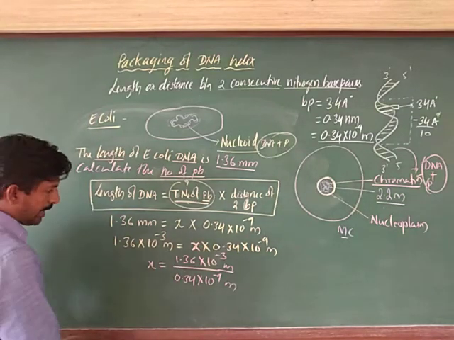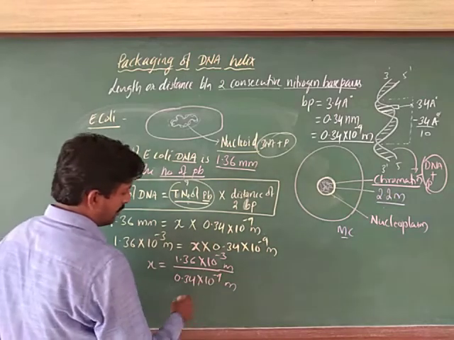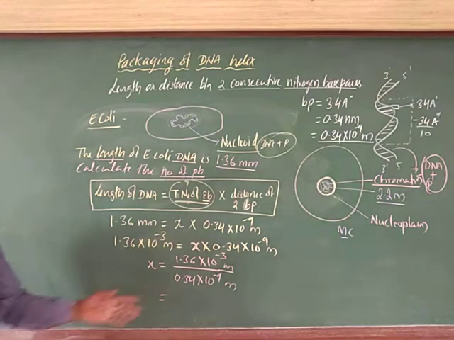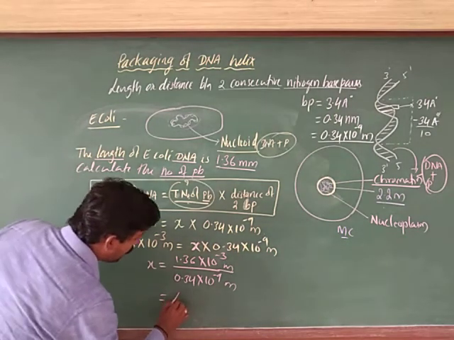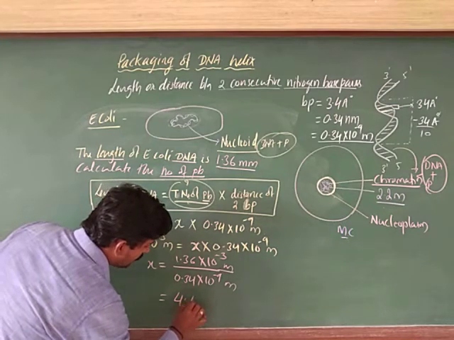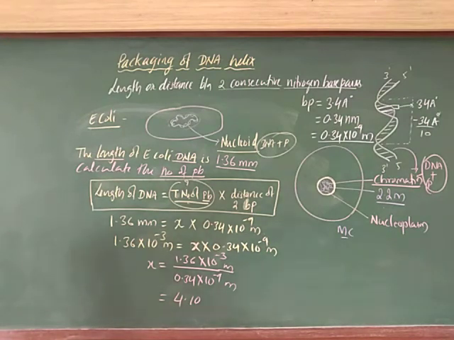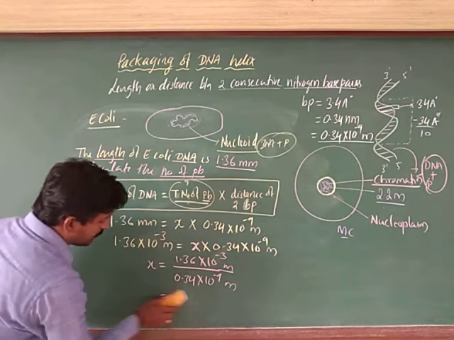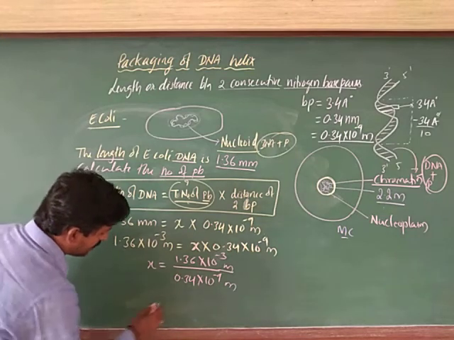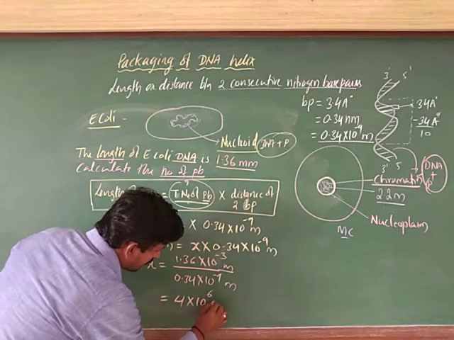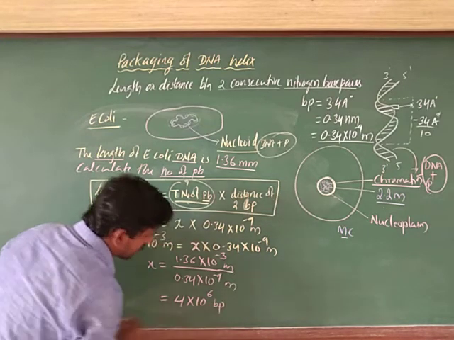By simple mathematics, we calculate it, and finally we get the answer: approximately 4 into 10 raised to 6 base pairs.